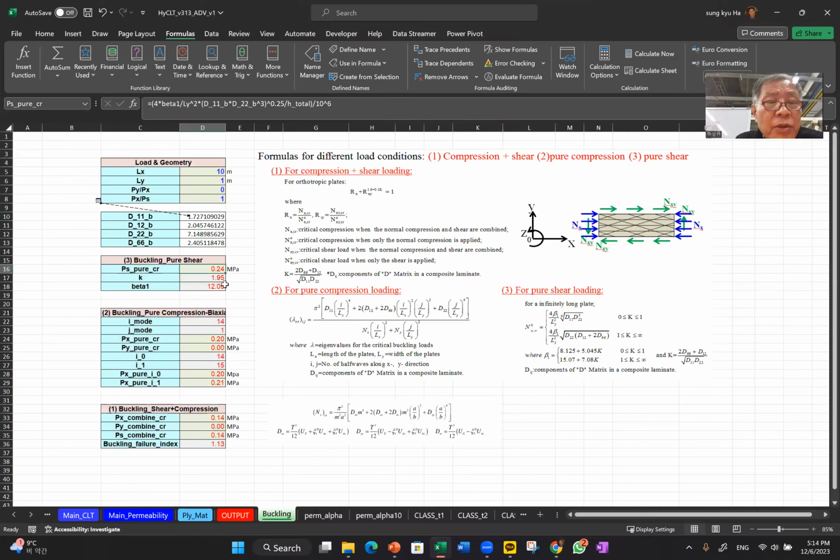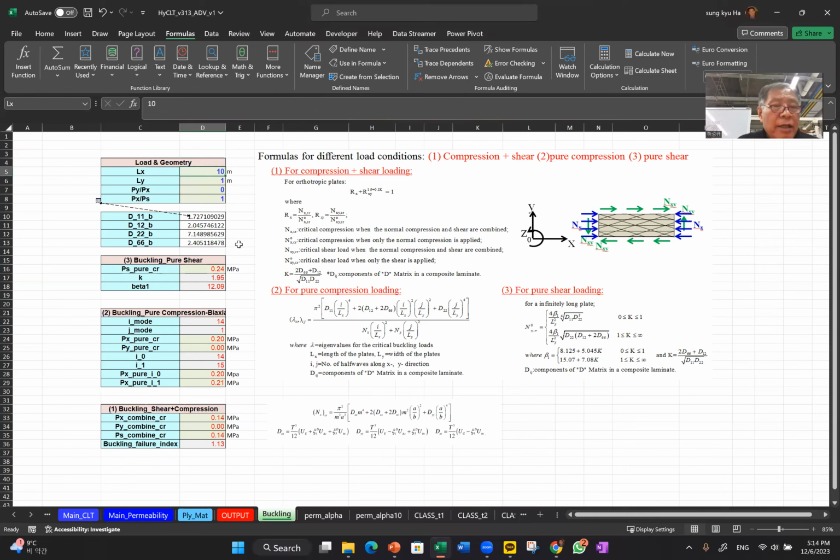So this one is a theoretical result. We can see all the critical loads, and then the mode, J mode and I mode. What does it mean? This is also important.